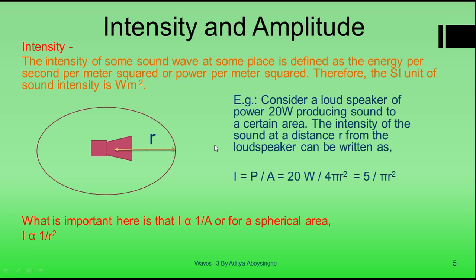So that's very evident in the case of practical examples. You may have seen that if you travel away from a loudspeaker or any source that emits sound, the sound waves that reach you diminish.